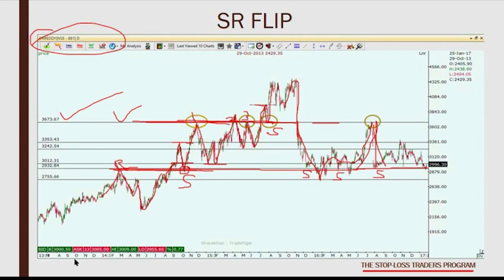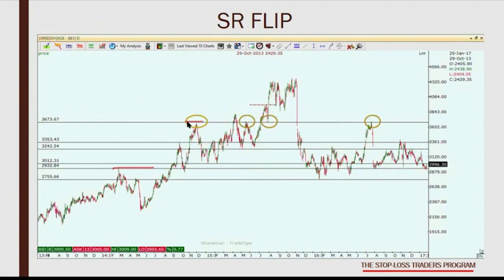Say there is a resistance. We will judge how many times that resistance has been touched, okay? Touched means tested, right? We will judge how many times this support or this resistance has been tested, and that will help us know whether this support or resistance is going to break or not.